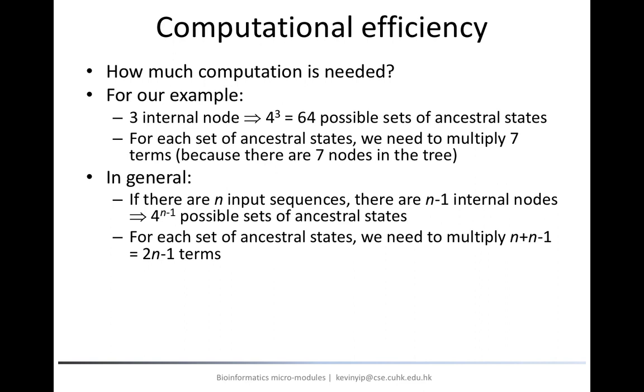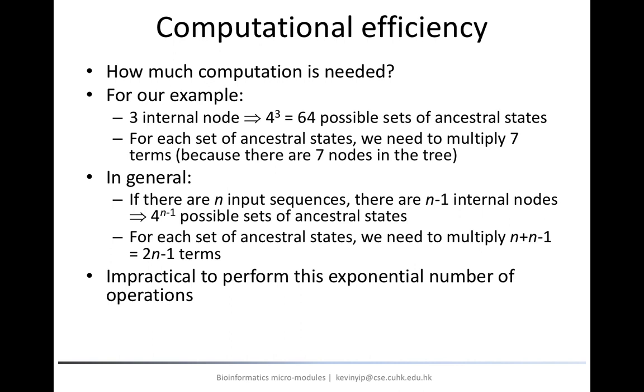In general, if we have n input sequences, each with only 1 nucleotide, the brute force method requires the summation of 4 to the power n-1 terms, each of which involves the product of 2n-1 terms. If n is large, this amount of calculation, which is exponential with respect to n, is impractical.